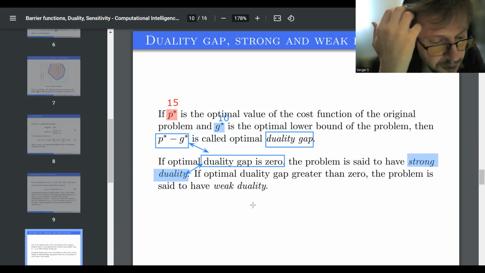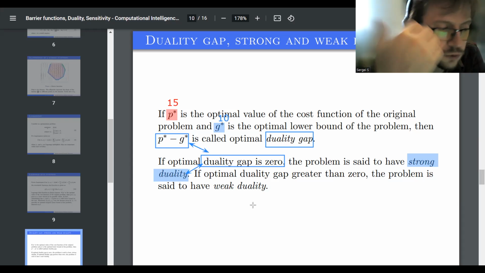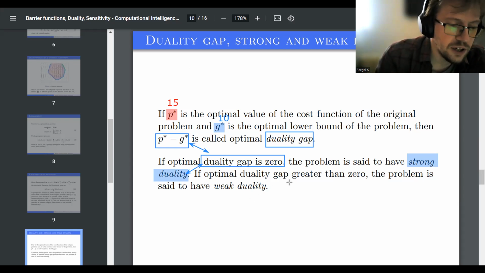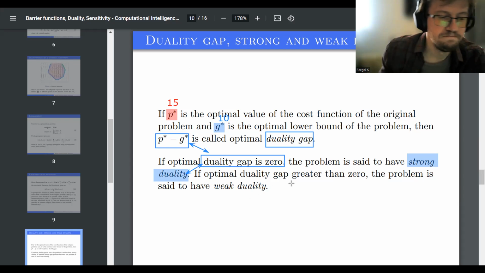If the optimal duality gap is greater than 0, so we cannot find a duality gap that is equal to 0, then the problem is said to have weak duality. So either it is 0 and we have strong duality, or it is bigger than 0 and we have weak duality.